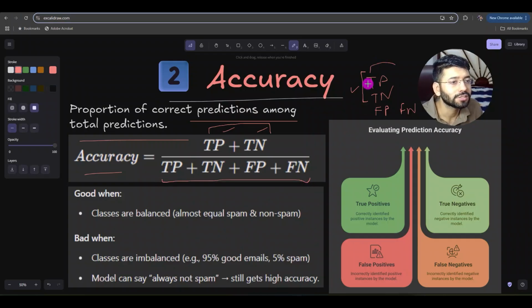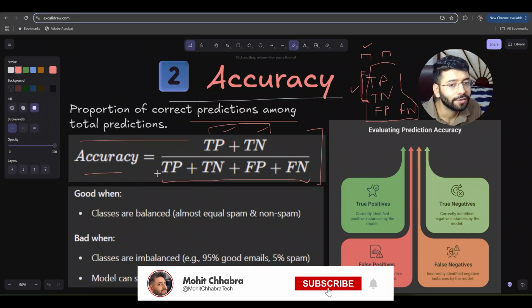So once you understand the meaning of all four of these terms, and the logic that we applied, like first half represents our prediction and second half represents the actual result, this formula becomes very easy, because you just need to tell what all correct we made, whichever is true in the first half. So true positive and true negative are correct predictions, and total will be true positive plus true negative plus false positive plus false negative. That means all the cases, and that will give you accuracy.